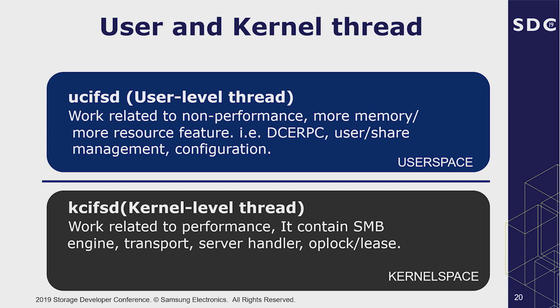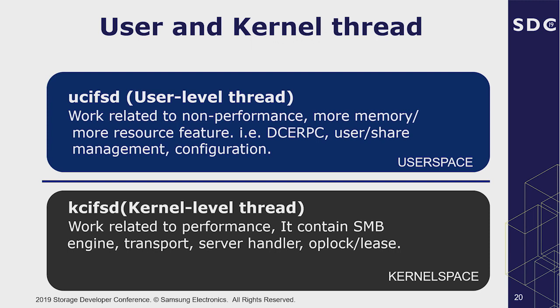So performance-related features such as the SMB engine, oplocks and leases, and the transport layer are in the kernel server. Non-performance-related features such as DCERPC and user account and share management are separated into user space. This is to maximize performance and minimize kernel memory usage.